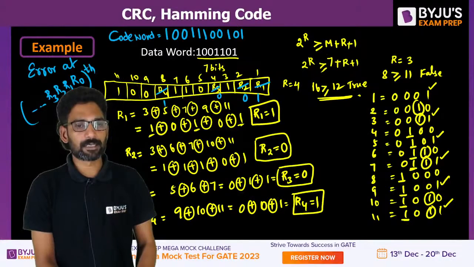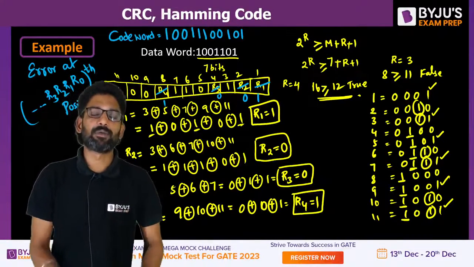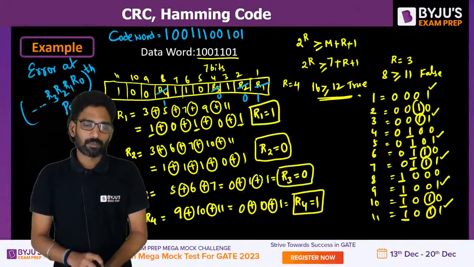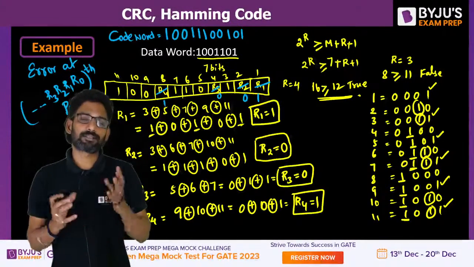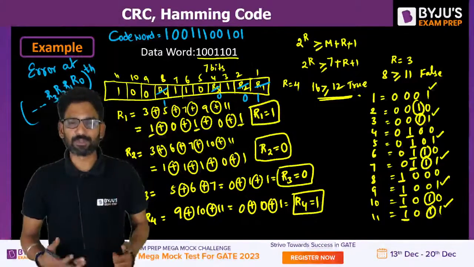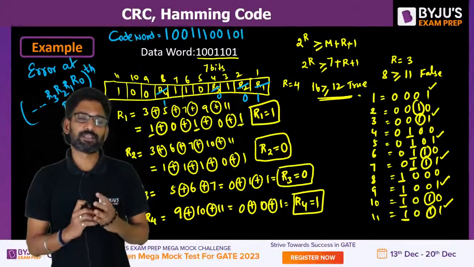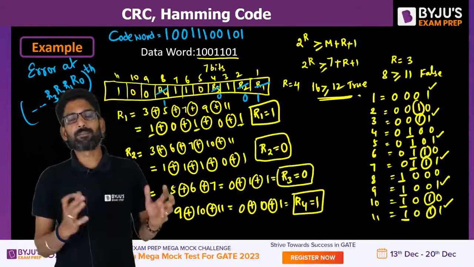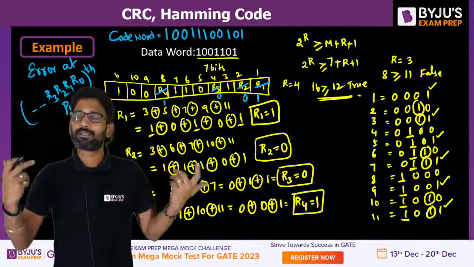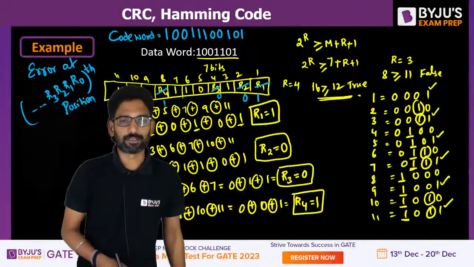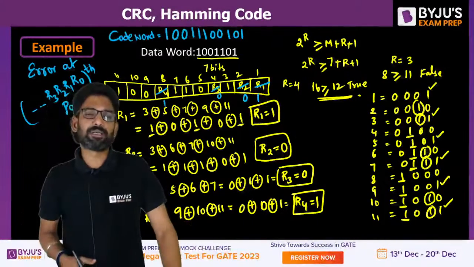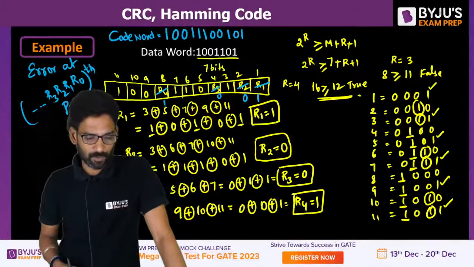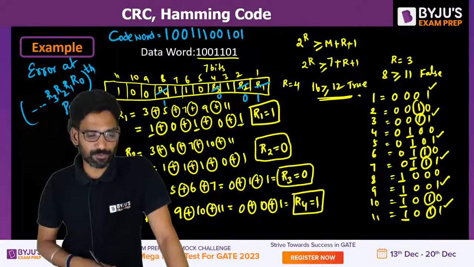Hamming code says that a 1 bit error is always at this position. So if all R's are 0, the error would be at the 0th position. We don't have a 0th position here; that's why we are numbering from 1. When all R bits are zeros for the receiver, it says no error. If any one of the R bits the receiver gets is 1, that means error. So this is the Hamming code procedure.